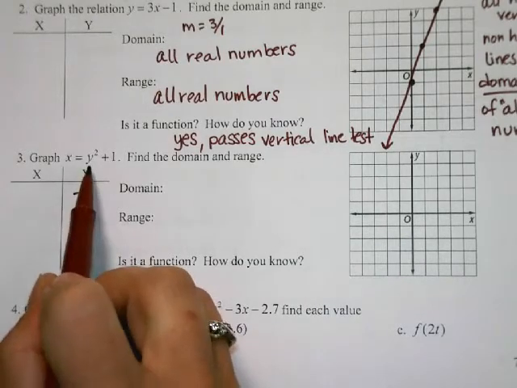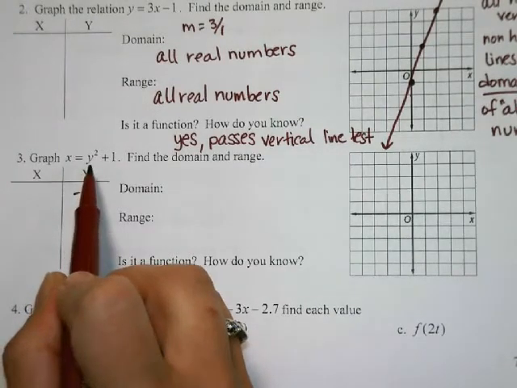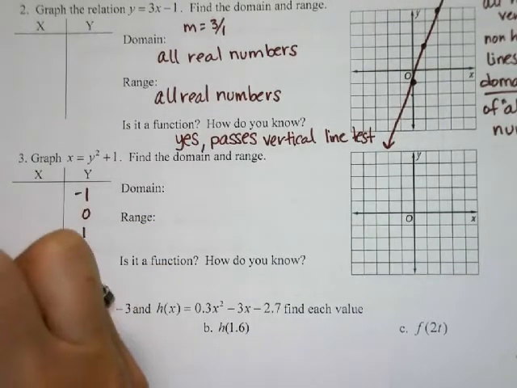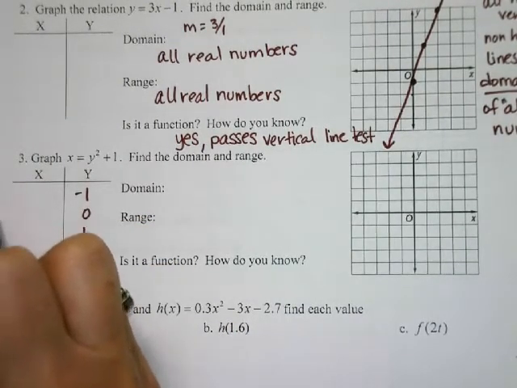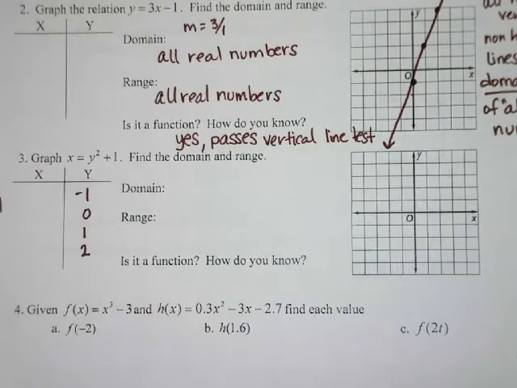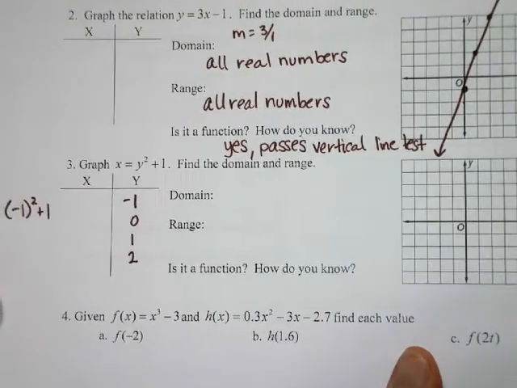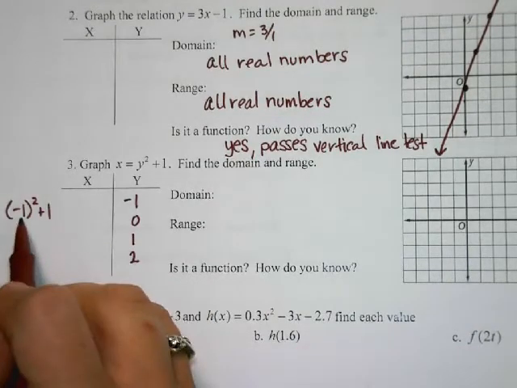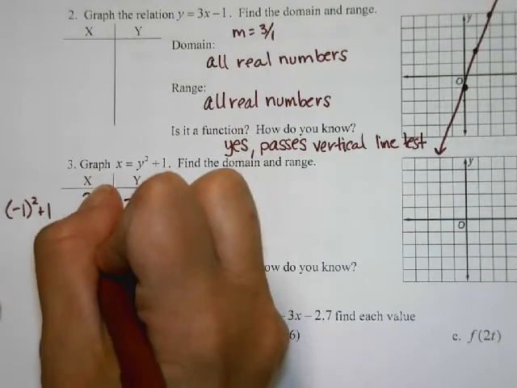So if I plug -1 into this guy, what's -1? Oh, you can't see it, I'm sorry. -1 squared plus 1. That guy becomes 1 plus 1, right?